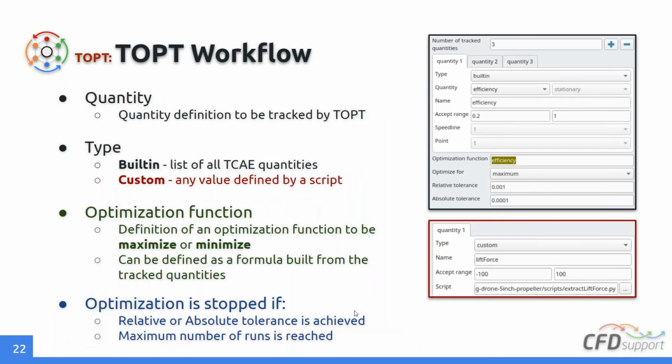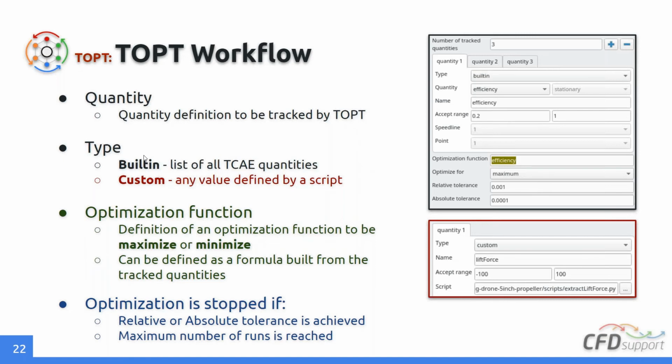And I think the final thing to set up for the optimization are the quantities and the optimization function. So the quantity is defined, so let's say quantity like efficiency, pressure drop, pressure at the inlet or torque or whatever, to be tracked by the TOPT.